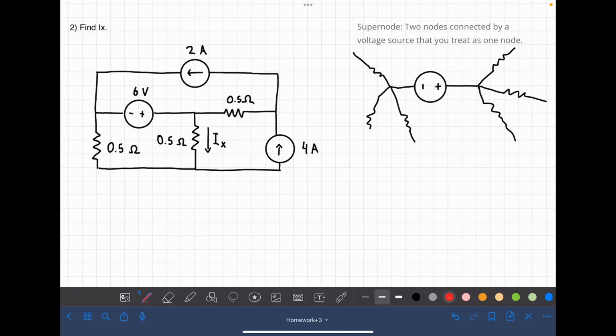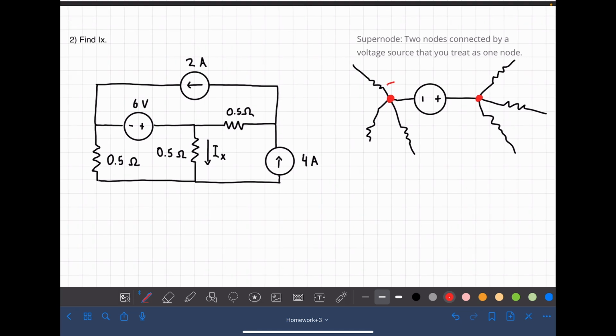Okay, so in this example, we're going to be solving a circuit with a supernode. If you'll remember, a supernode is two nodes that are connected by a voltage source that you can pretty much treat as just one big node.